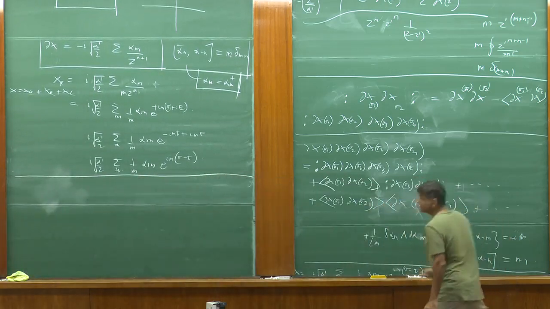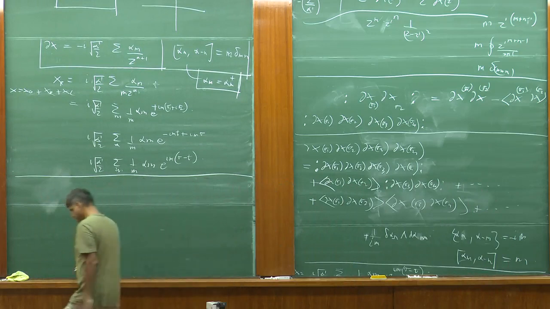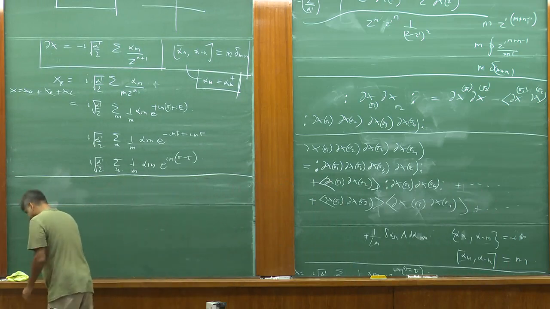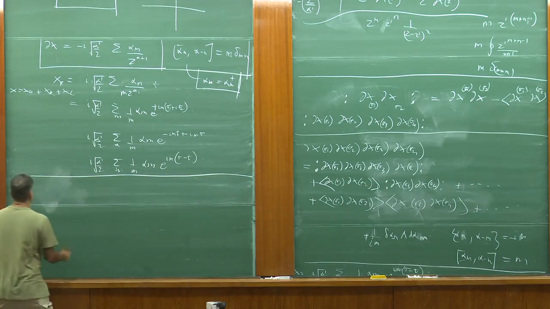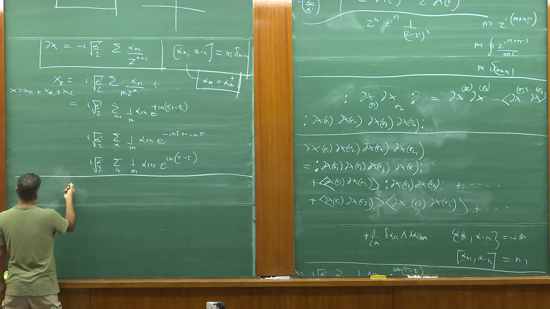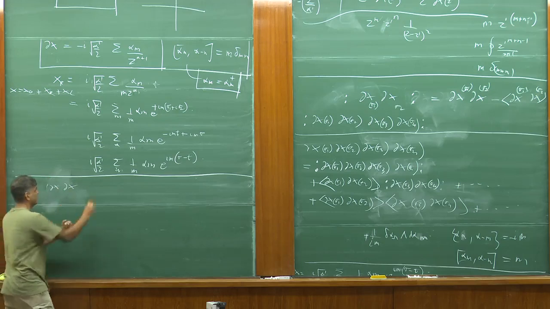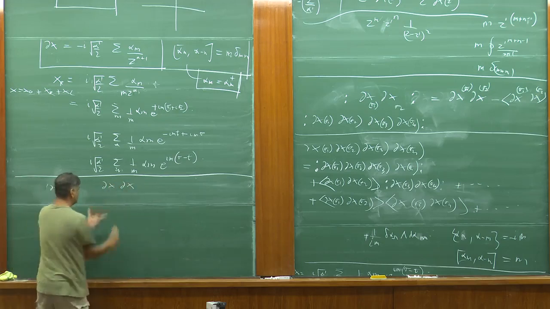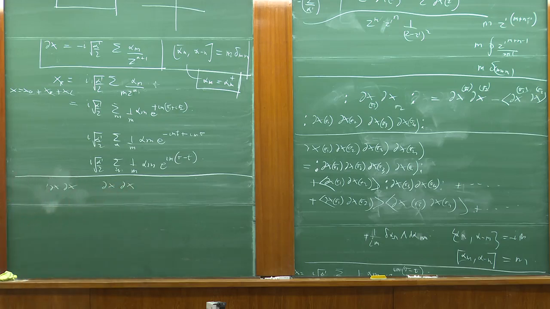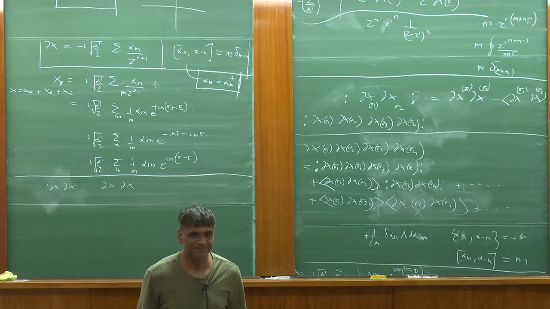Suppose I want to define, let's say, a 3-point function. Let's say I want to define del x at the same point with del x, again at the same point. You'll see we'll want to do this in a minute.